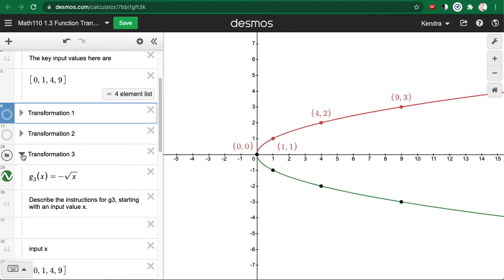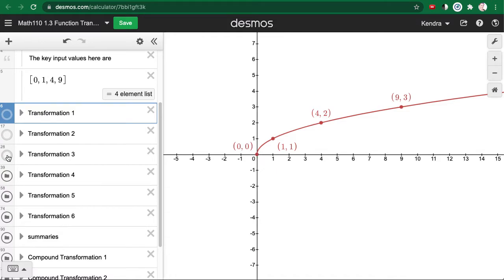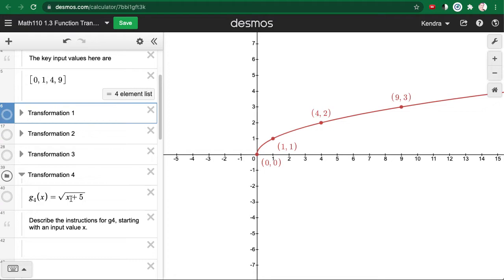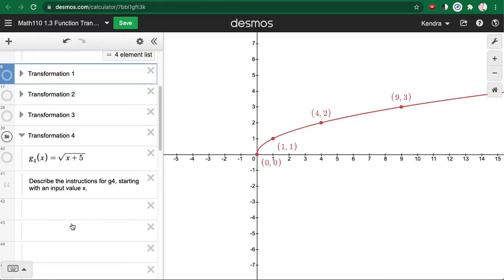All right. Next transformation. Now, what's this look like? If we describe the instructions for this function, starting with an input value, I take an x, I input an x, and what's the first thing I do?